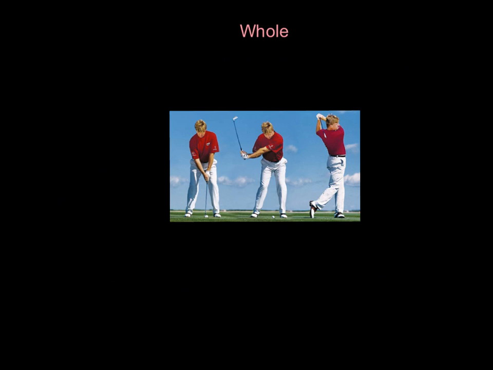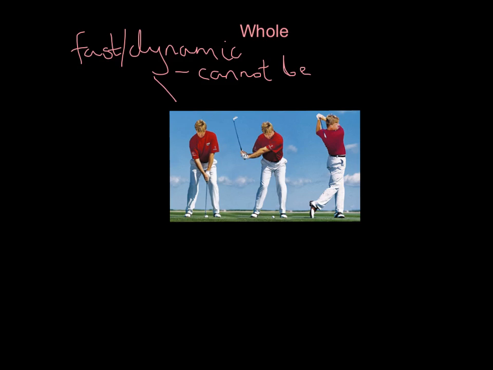Right, so a classic example of when to use the whole practice method is when you've got a skill such as a golf swing. These are skills that are fast or dynamic, i.e. cannot be broken down. I can't do a whole, part, whole or a progressive part routine if I can't break the skill down.